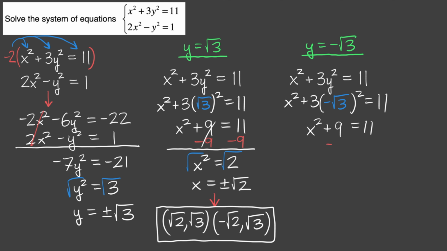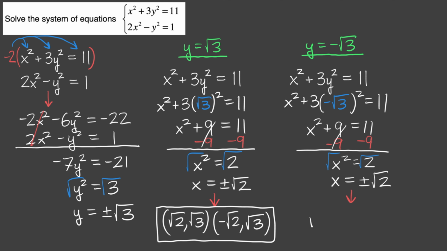Subtract the 9 over. Getting a little ahead of myself here. 9's cancel. X squared equals 2. And we're going to take the square root of both sides. So x equals plus or minus root 2. All right. And now we can write our combination of points. So when we plugged in y equals negative root 3, we got two different x values, which means there's 2 points that we get.